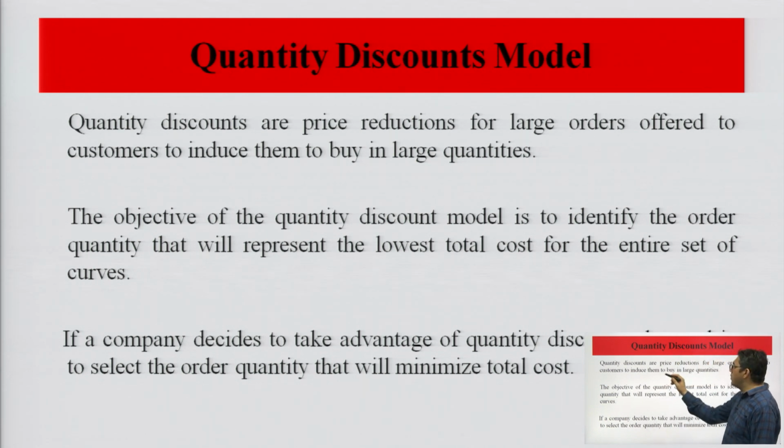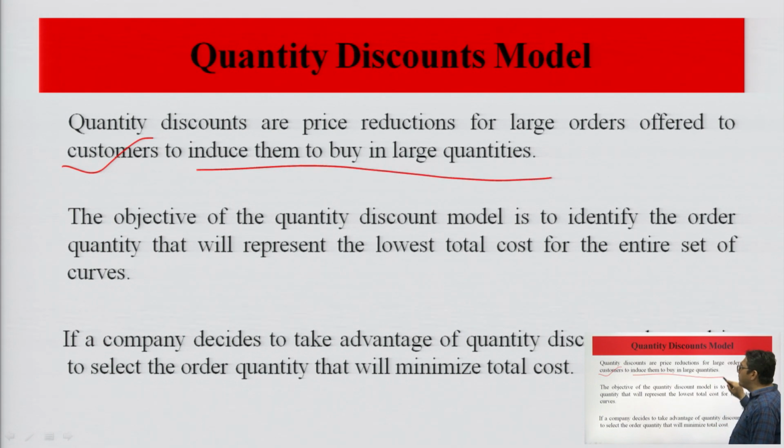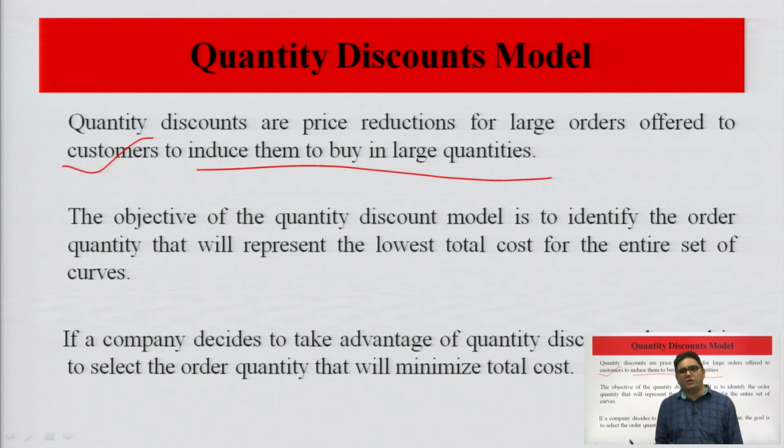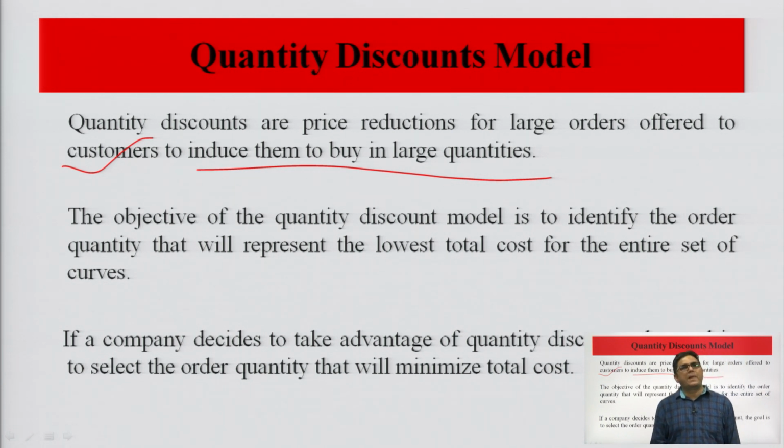Quantity discounts are price reductions for larger orders offered to the customer to induce and motivate them to purchase larger quantities. Why does a company give the discount? So that the customer purchases more. During festivals like Diwali or Eid, or near New Year or Christmas, companies offer a lot of discounts so that customers are motivated to purchase larger quantities.